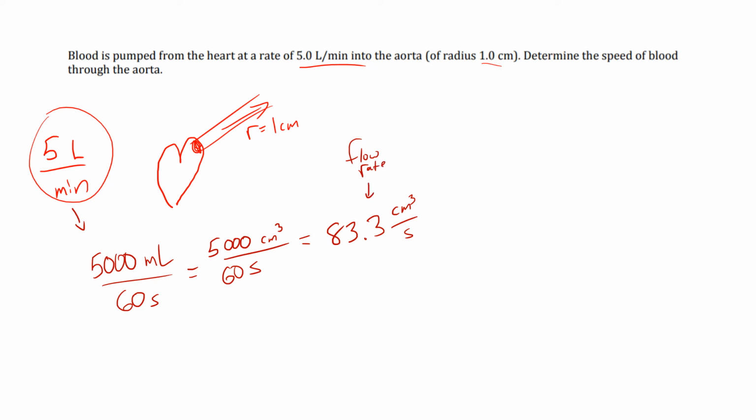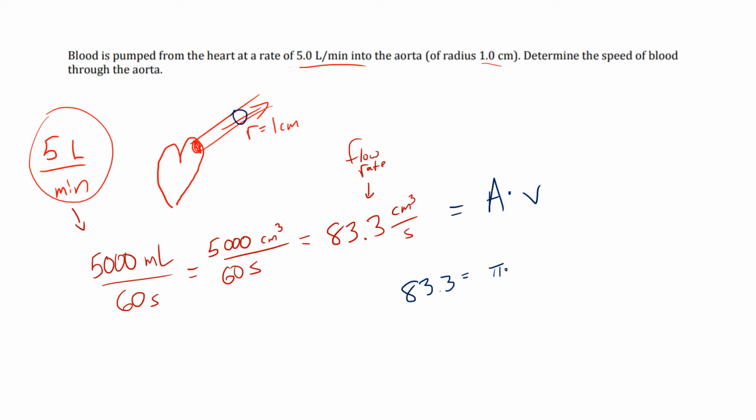Okay, now the flow rates have to be equal, so now we're going to calculate the flow rate in the aorta. Okay, so we're going to use A times V for this because we don't need to worry about volume here. So we're going to have 83.3 is going to equal the area. Well, it told us the radius, so we have to figure out the area. It's going to be a circle.